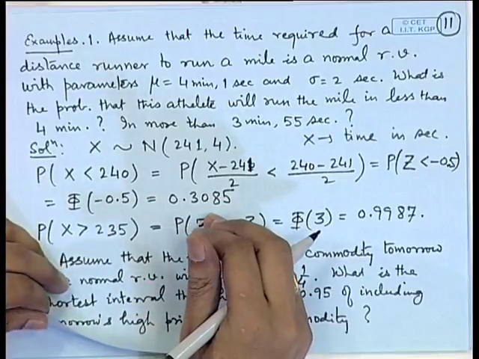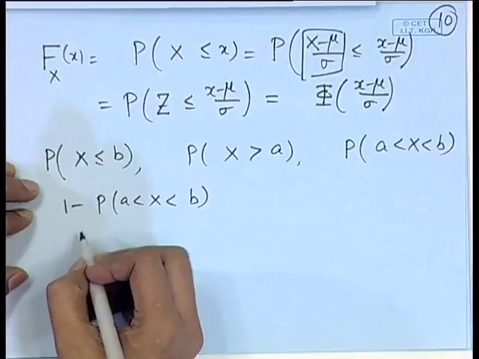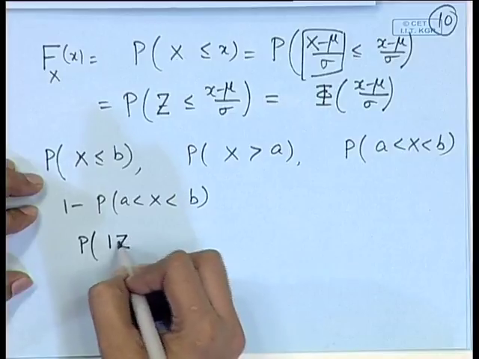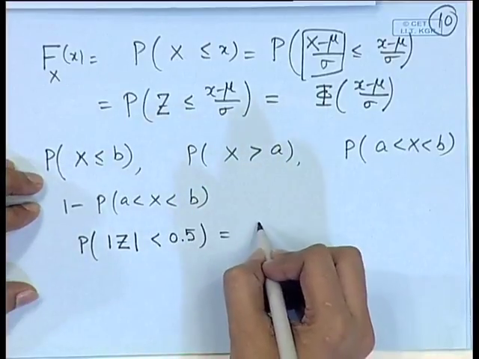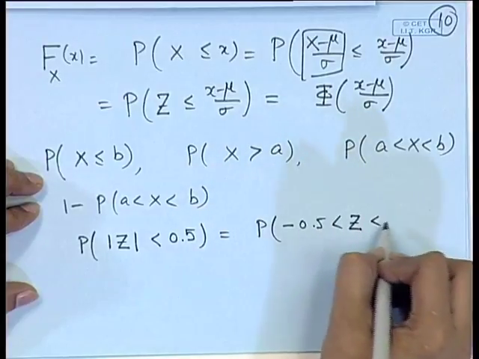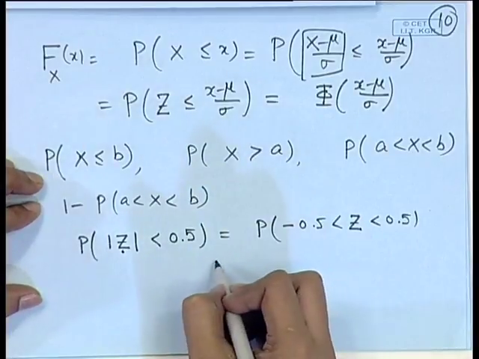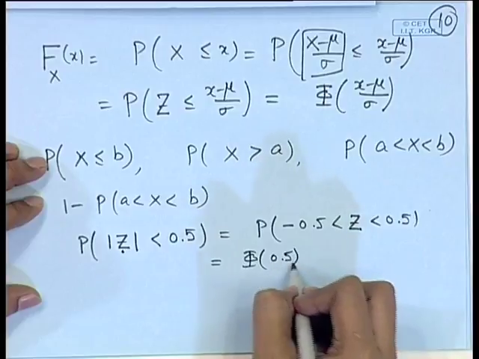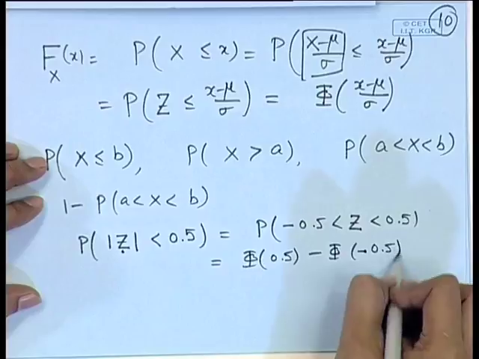So, if we consider, say, the probability of modulus z less than 0.5, that is minus 0.5 less than z less than 0.5, where z denotes the standard normal variable, this is equal to phi of 0.5 minus phi of minus 0.5.